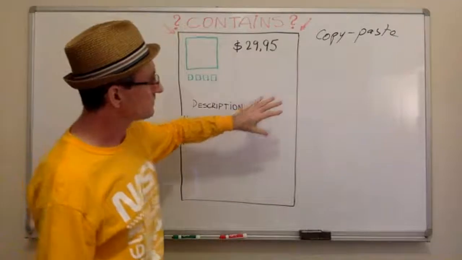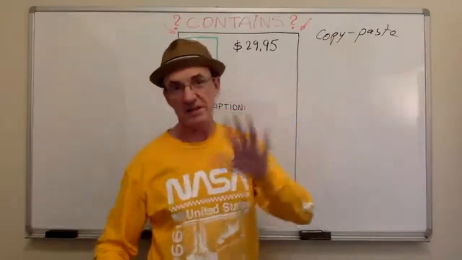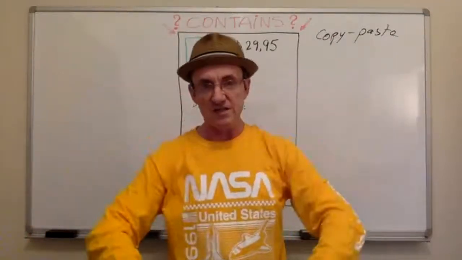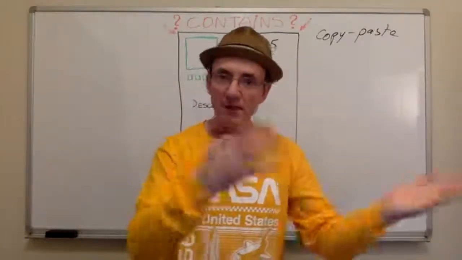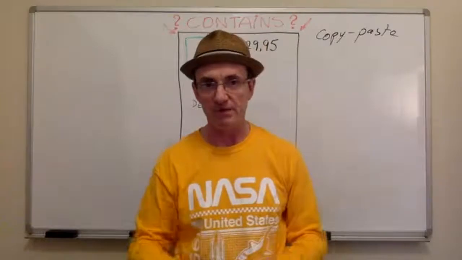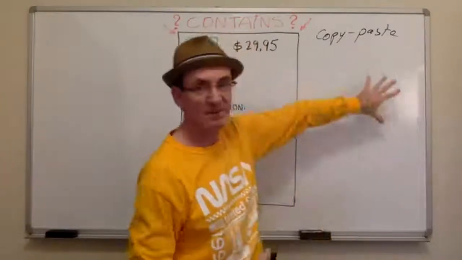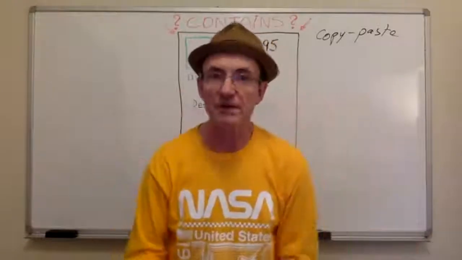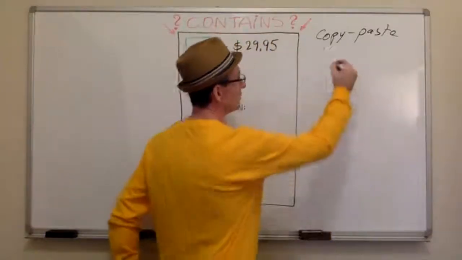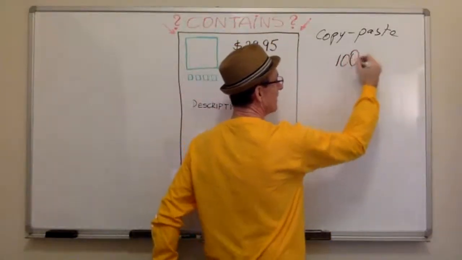So good. If you copy paste, this is what actually happens. Your listings are very low. If you do a lot of copy paste information from the supplier into there, you're wondering why you don't have sales. Let's say you have about 100 active listings.